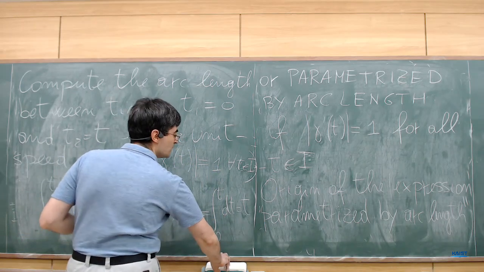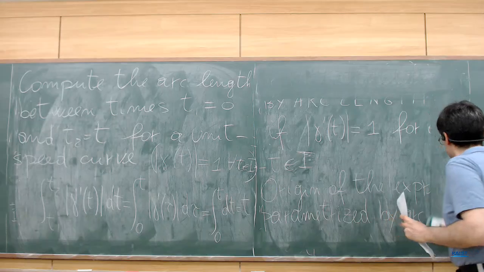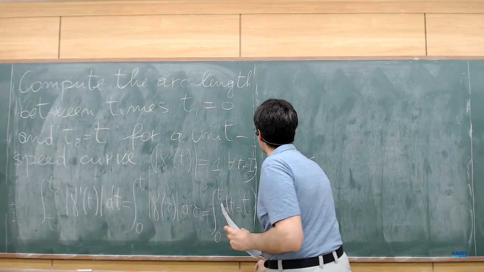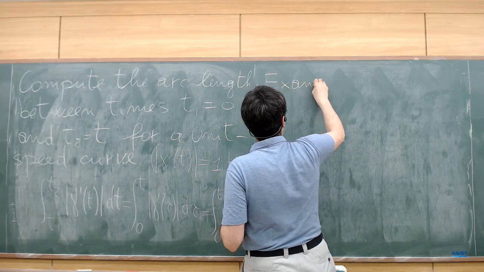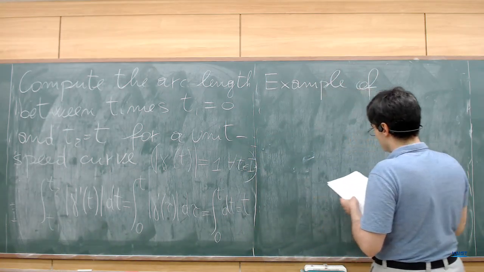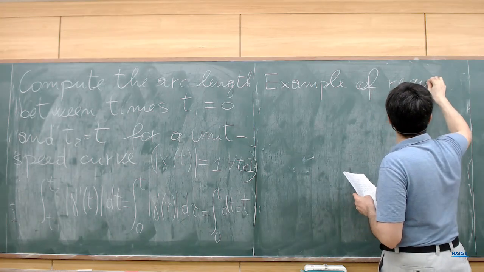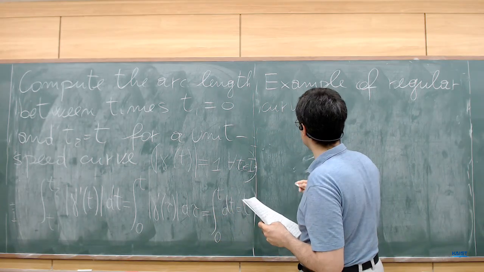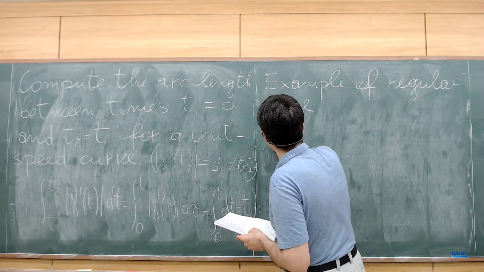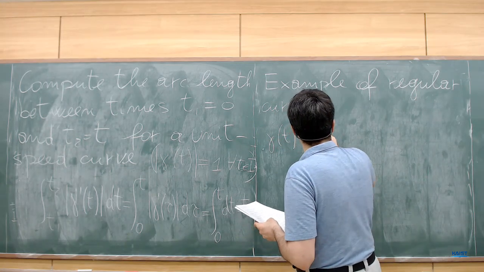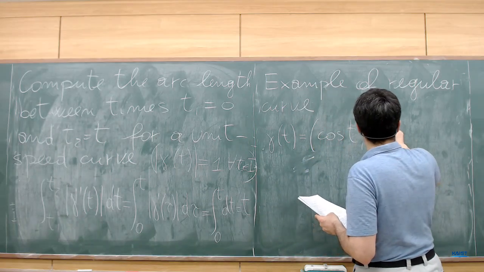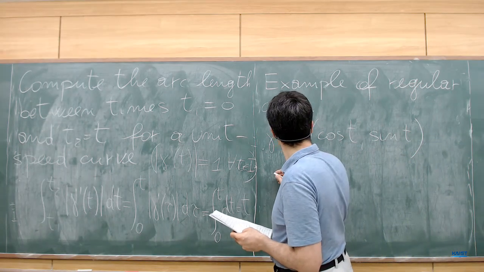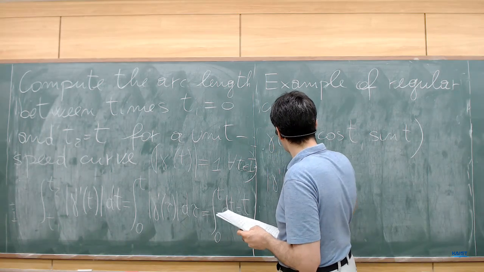And now I will provide you with some examples. Example of a regular curve. Let's consider gamma t equal to cosine of t, sine of t. What is the length of gamma prime t?